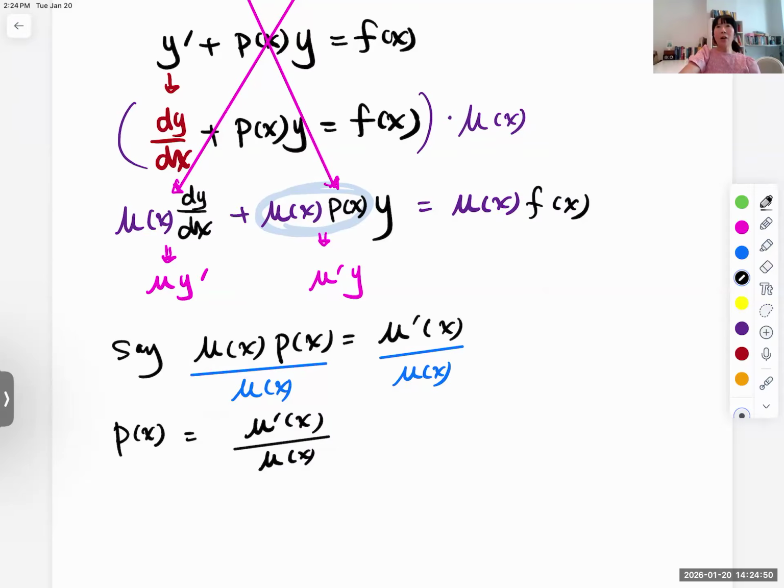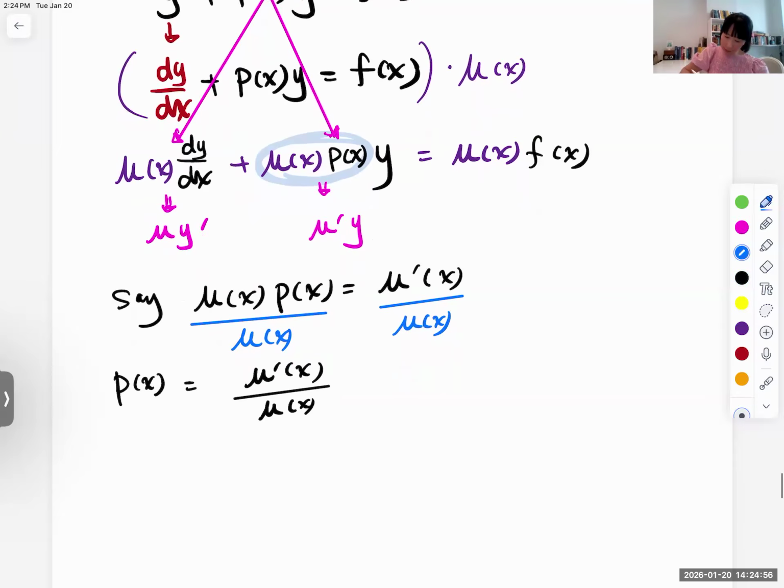Now we integrate both sides. So integrate p of x equal to mu prime of x over mu of x.